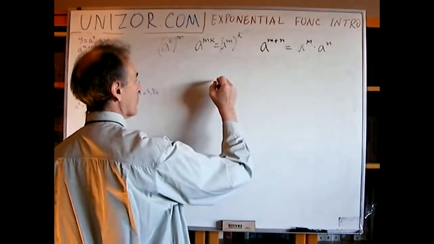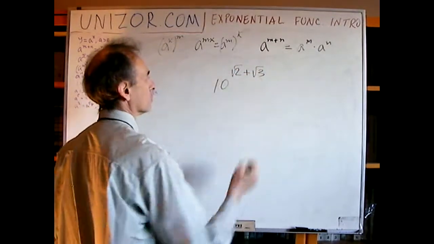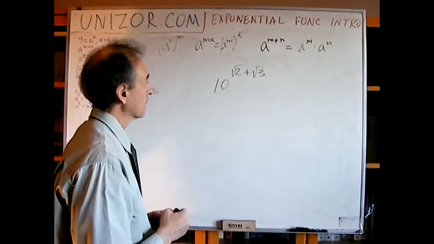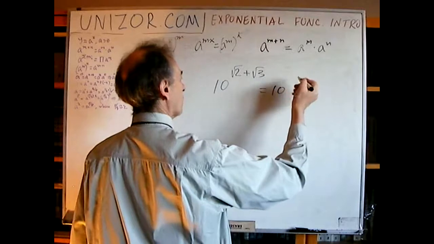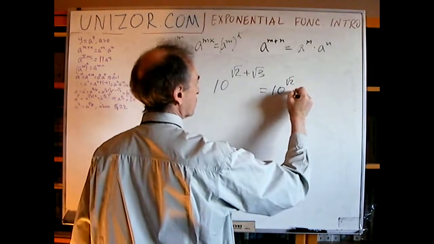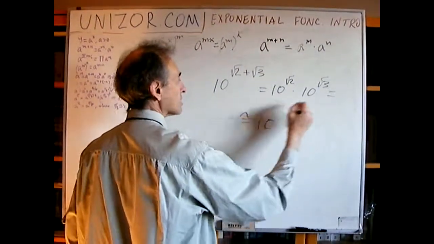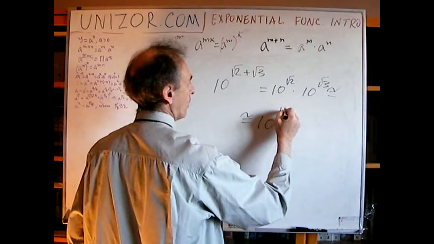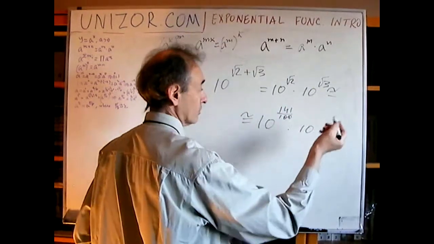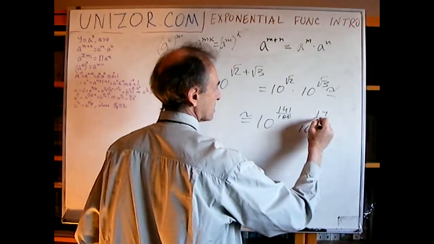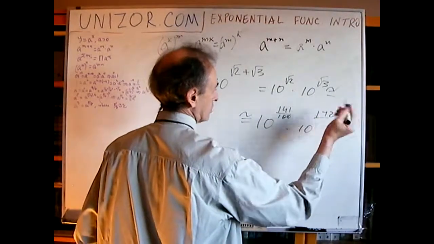If I want to know, for instance, what is 10 to the power of square root of 2 plus square root of 3, I can always say that this is 10 to the power of square root of 2 times 10 to the power of square root of 3, which in turn is approximately equal to 10 to the power of 1.41 times 10 to the power of, I don't remember exactly, something like 1.73 or something like this.